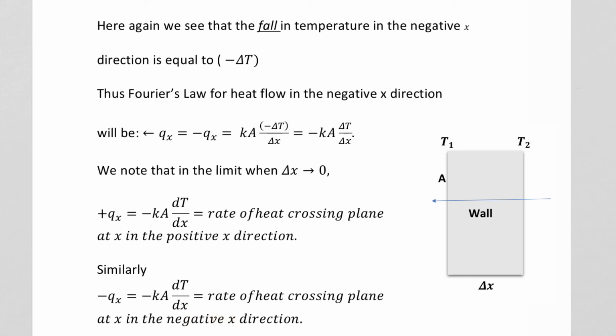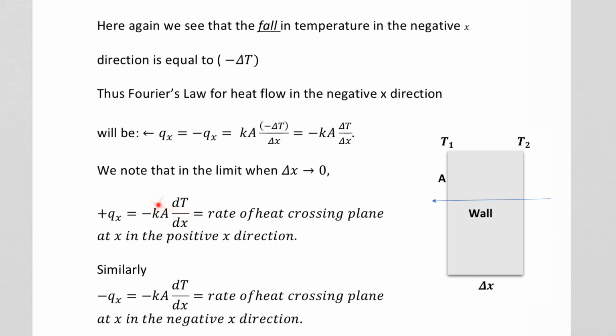To sum up, we see that the rate of heat transfer in the positive x direction is given by this expression, or when we want to find the rate of heat transfer in the positive x direction that crosses a plane at x, then we use the symbol plus Qx, that is, a plus sign is used before Qx to denote this rate of heat transfer.